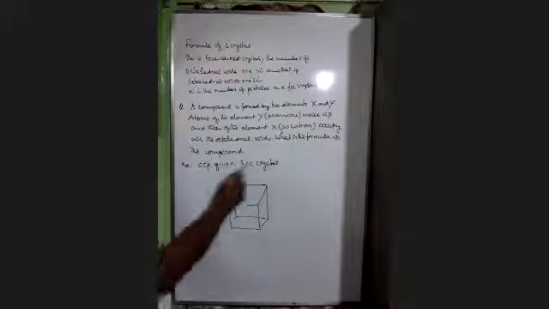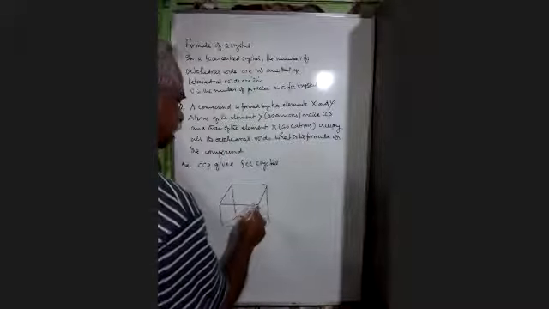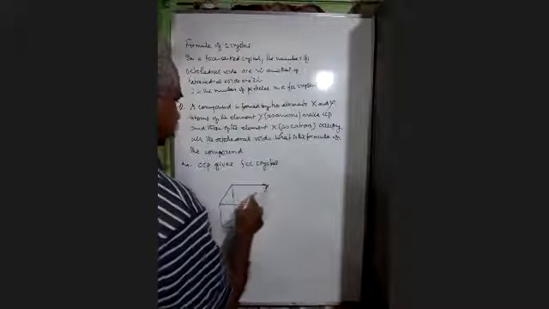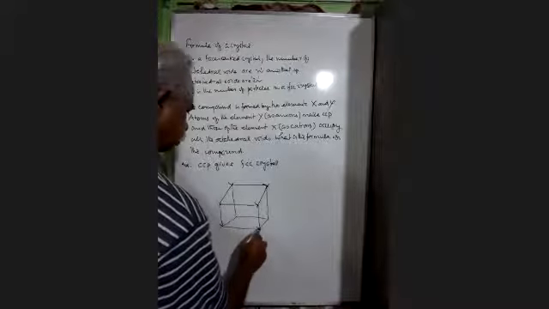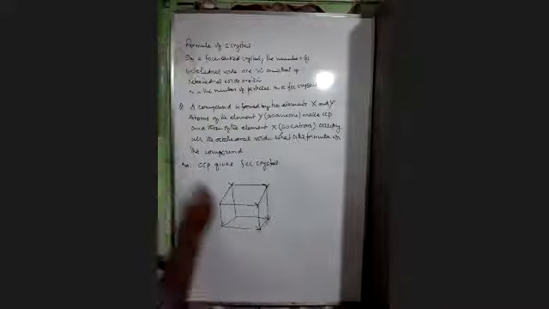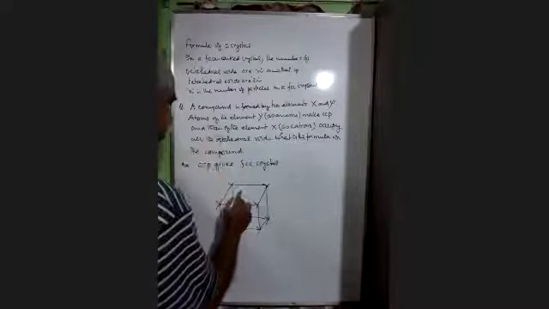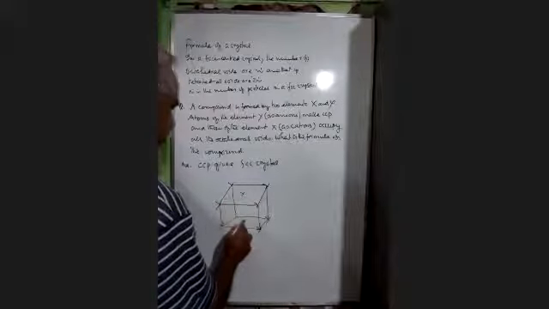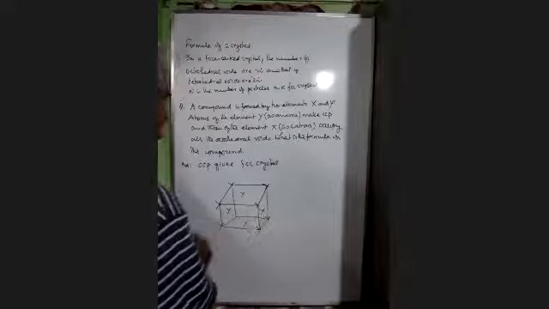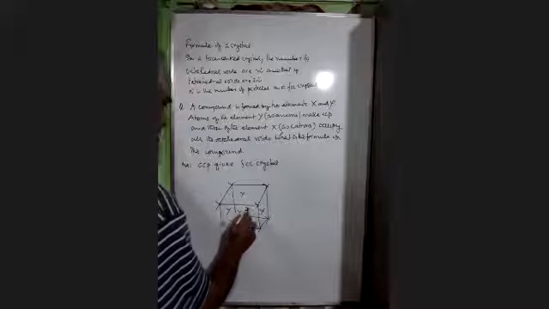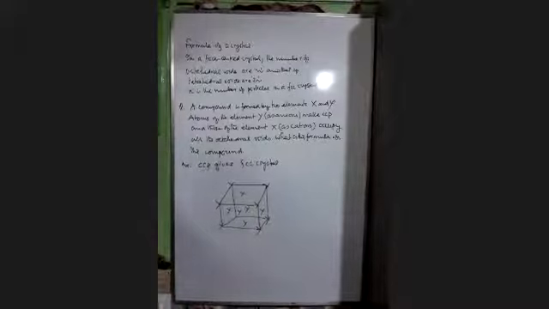See, this is the FCC crystal. In the FCC crystal, what are the lattice points? 8 at the corners and 6 on the faces, the middle of the faces: top, bottom, left, right, front and back. All these positions are being occupied by the Y.